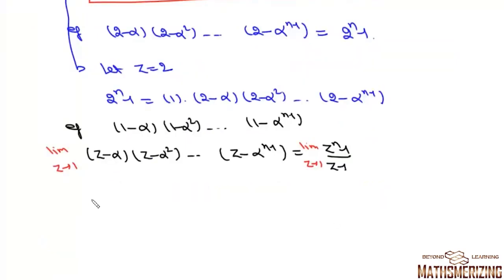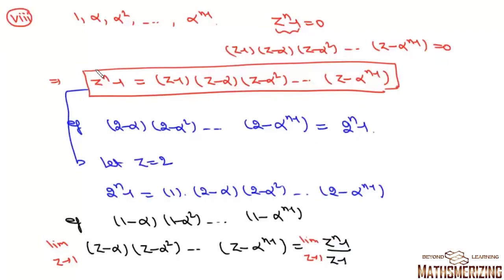Now when we take this limit, we'll get 1 minus alpha, 1 minus alpha square up to 1 minus alpha to the power n minus 1, and here value of this limit will be simply n. So we'll also be using this identity while solving the problems.